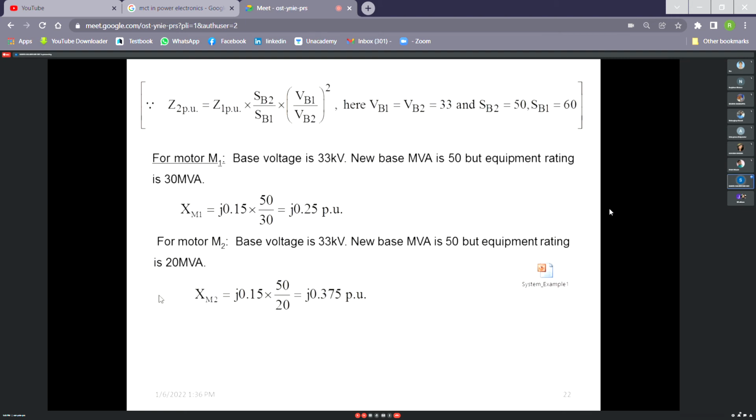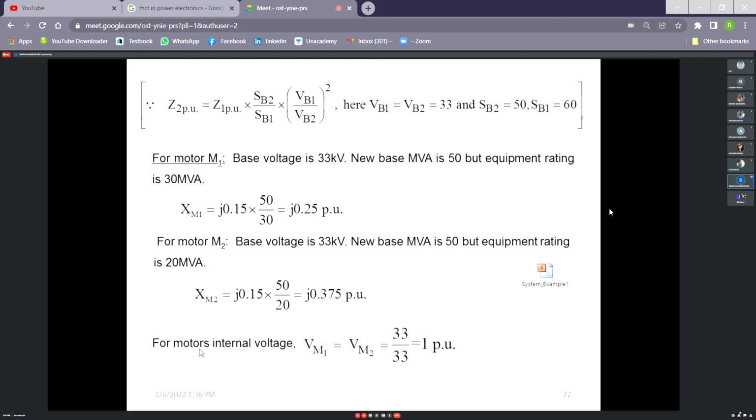In the GATE examination, this type of thing carries very small marks, but the question is very complicated. I have gone through some questions. So if you learn this properly, then you can do that. So this is the thing.